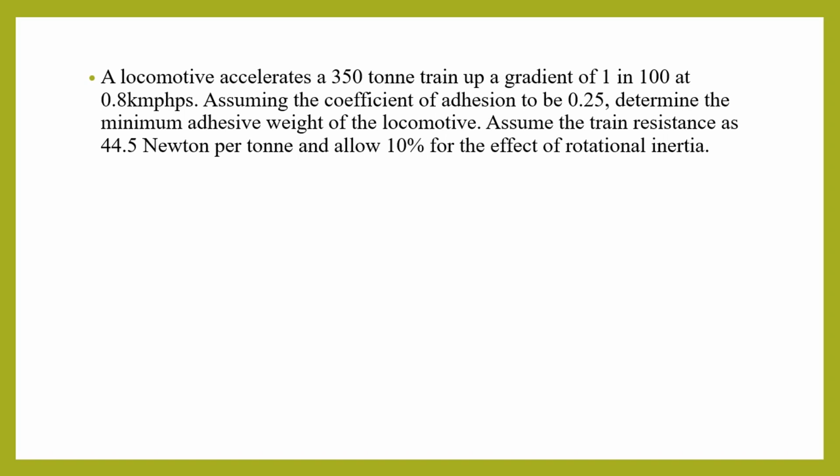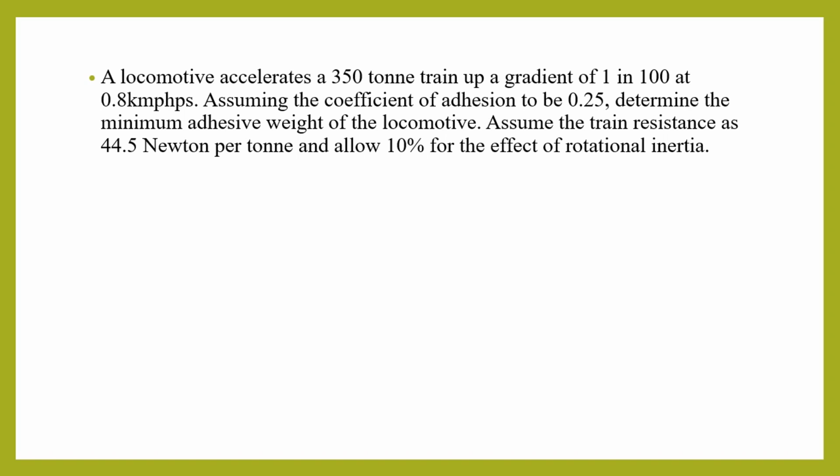Assuming the coefficient of adhesion to be 0.25, determine the minimum adhesive weight of the locomotive. Assume the train resistance as 44.5 Newton per ton and allow 10% for the effect of rotational inertia.